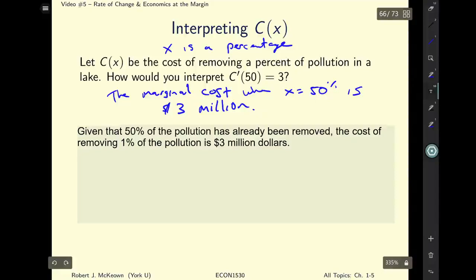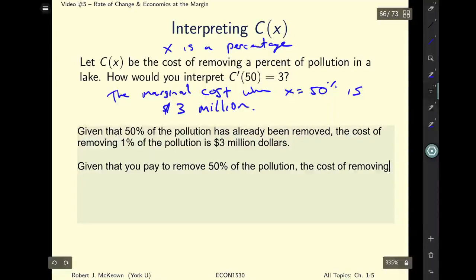Maybe another way to look at it, since it's a cost function, given that you pay to remove 50% of the pollution, the cost of removing 1% of the pollution more, or maybe 1% more, is $3 million.